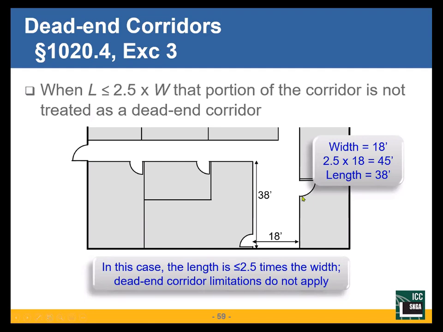But the key is we don't measure from the last door in the corridor to the end of the corridor. That's not the measurement we're looking at. We're looking at occupants traveling in this corridor. They get misdirected. How far do they have to backtrack before they get back on the path to the exit?